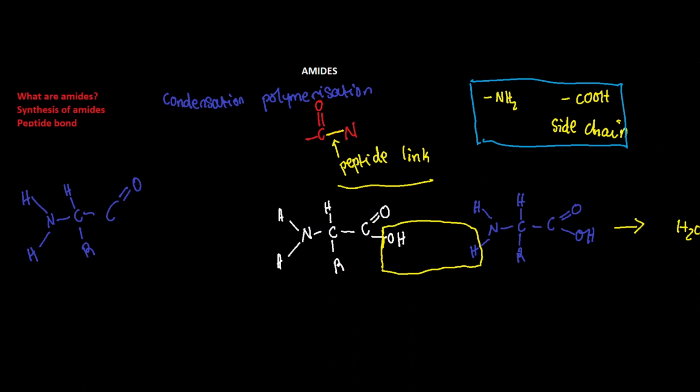Now of course we've lost the OH here. What we have here is a bond with nitrogen, and remember this bond is the same bond that we had here, which is a peptide link, okay, or a peptide bond.